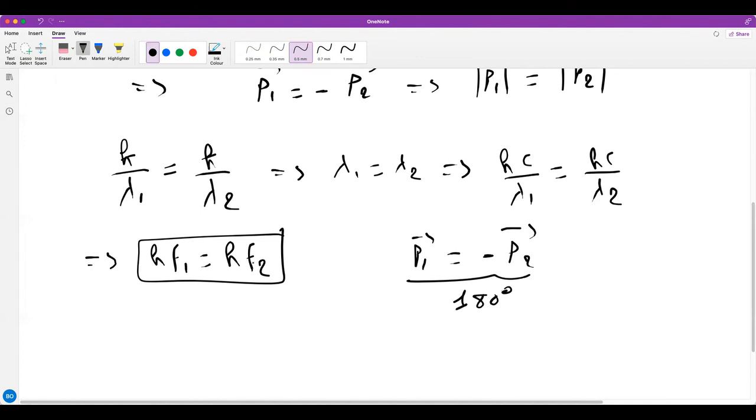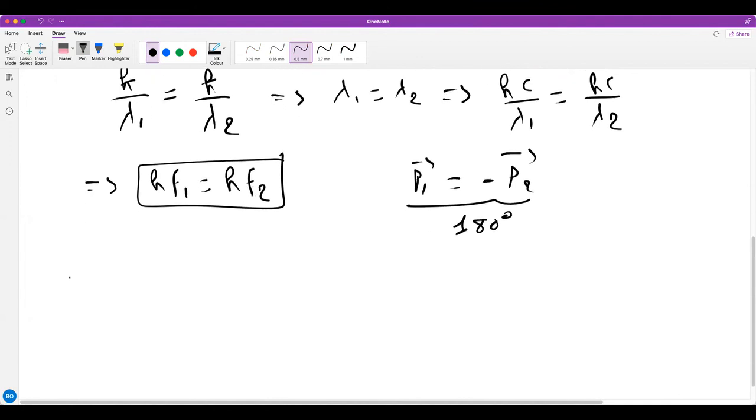Now let's calculate HF1 and HF2. Conservation of energy. At the initial state, we have the electron plus the positron, which is 2 times the rest energy of the electron, because they are at rest.